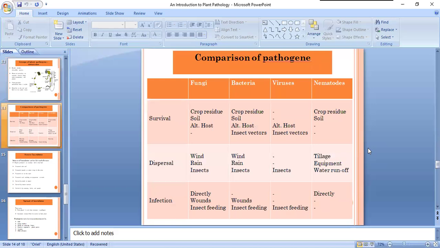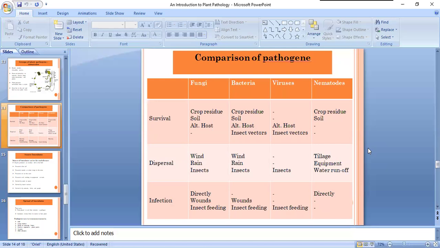Now, these are the comparisons between fungal, bacterial, viral, and nematode pathogens. First, let us compare survival. Fungi can survive in crop residue, in soil, and in alternative hosts, whereas bacteria can also survive in crop residue, soil, alternative hosts, as well as insect vectors.